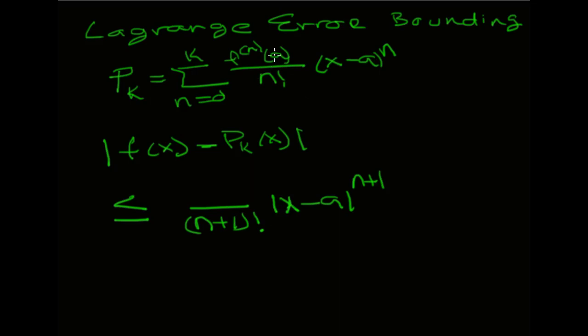And it would just be great if this was the n plus first derivative at a. It's really close. It's the n plus first derivative at some value c, where we're going to take the absolute value of this thing. We're going to take the maximum value of this derivative when c is on the interval from a to x.